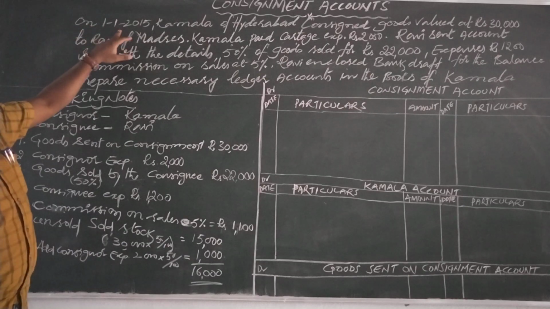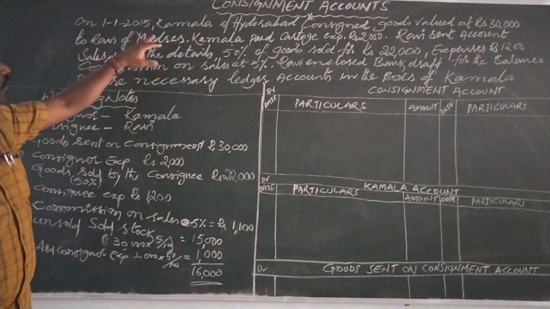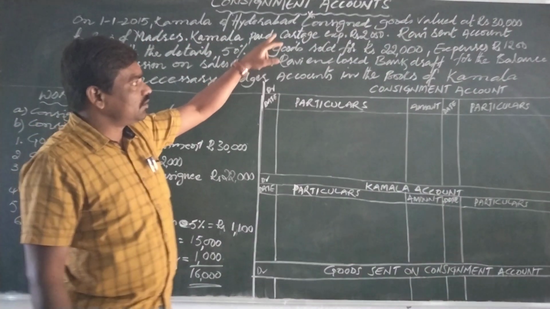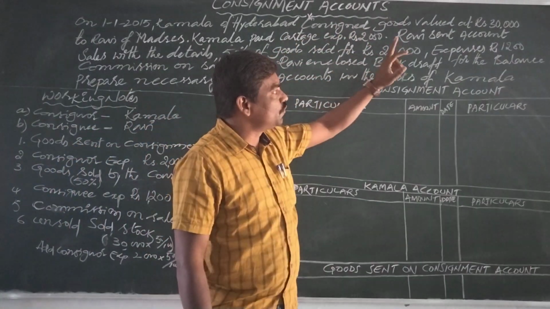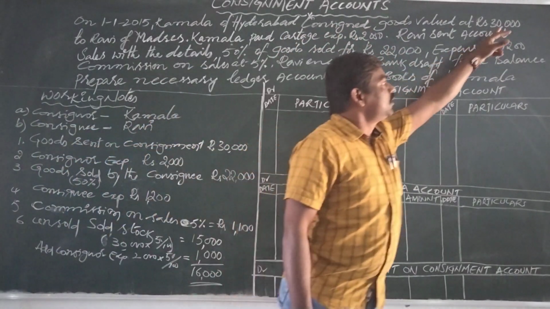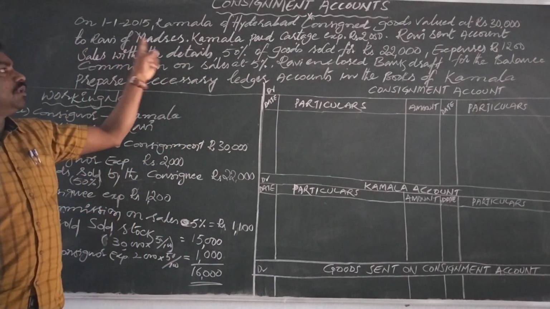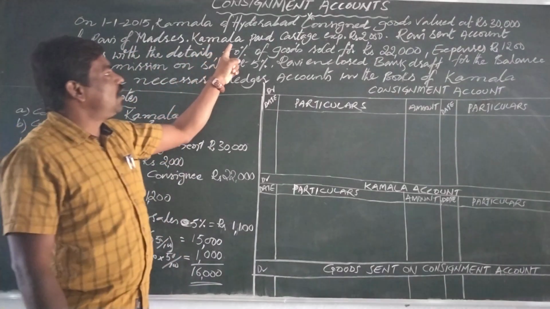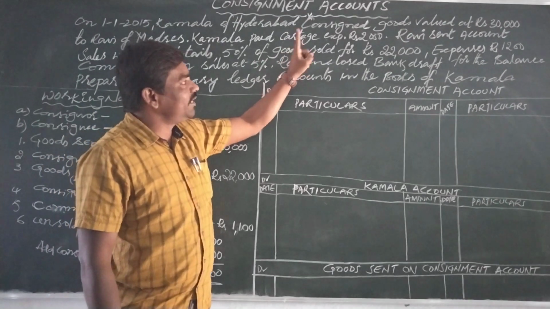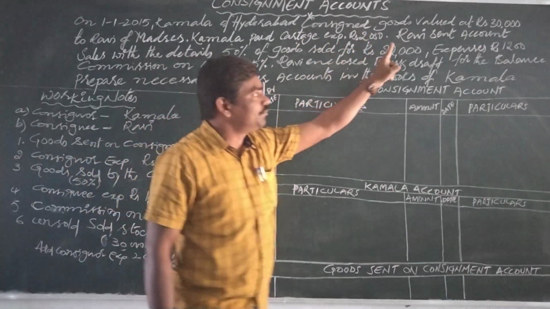On 1st January 2015, Kamala of Hyderabad consigned goods valued at rupees 30,000 to Ravi of Madras. Kamala paid cartage expenses rupees 2,000.